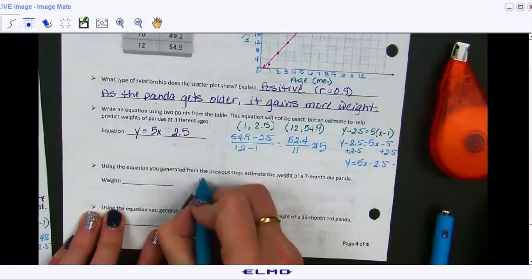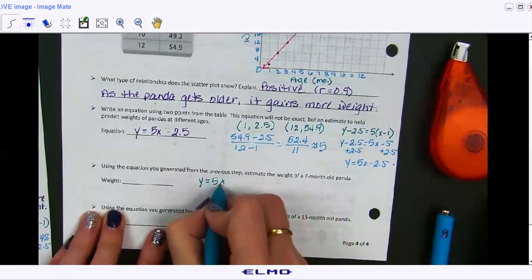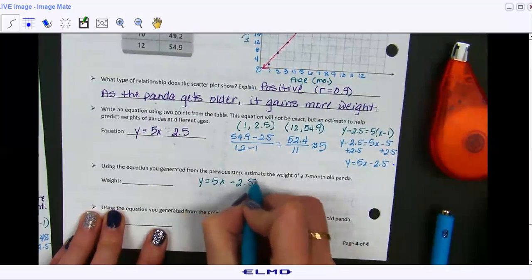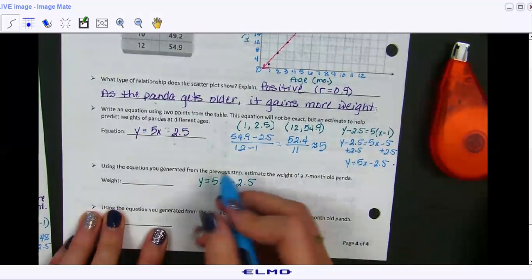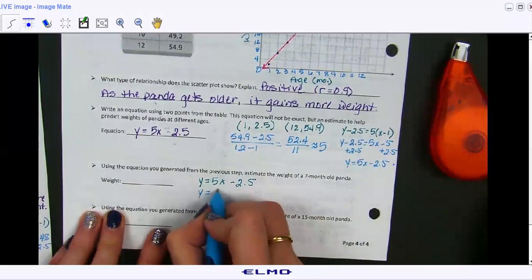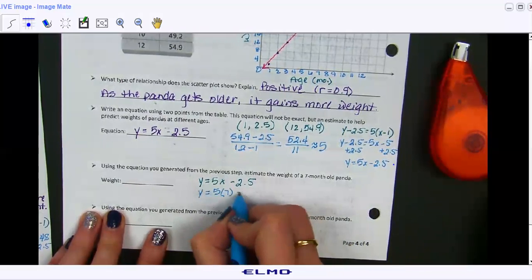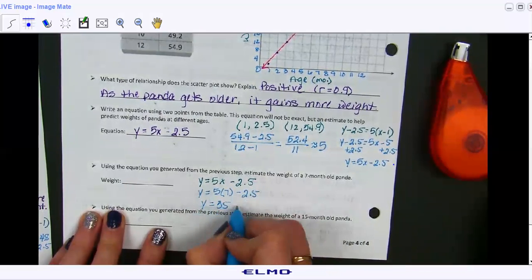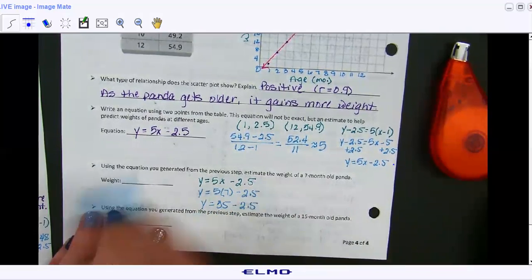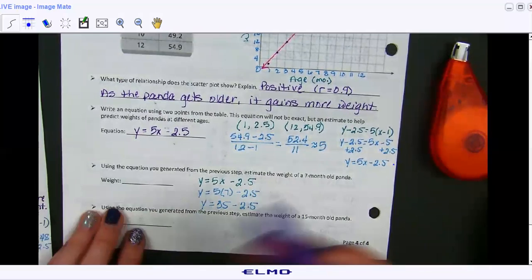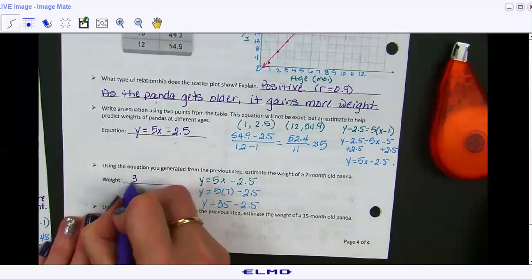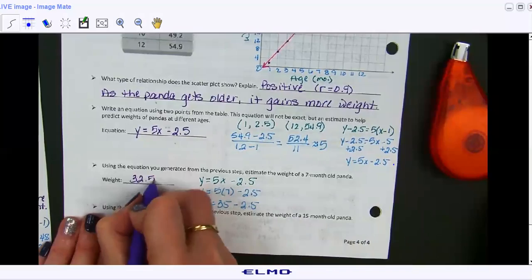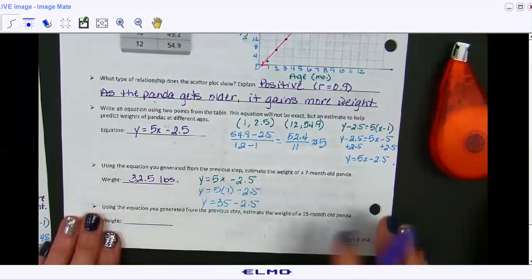I have y equals 5x minus 2.5, and I'm going to plug the 7 months into the x. So about 32.5 pounds.